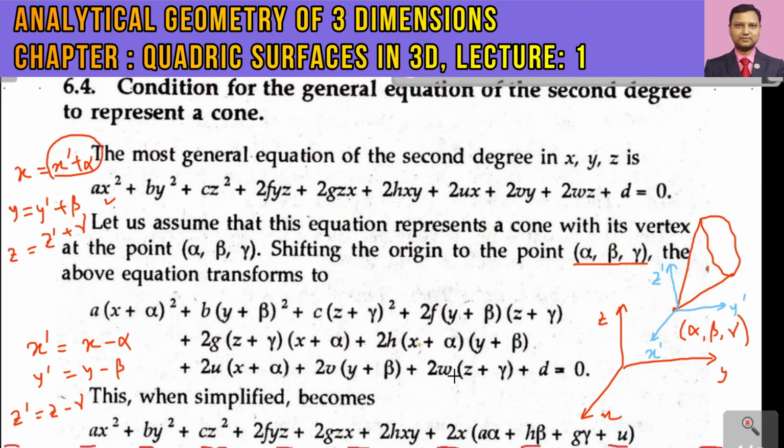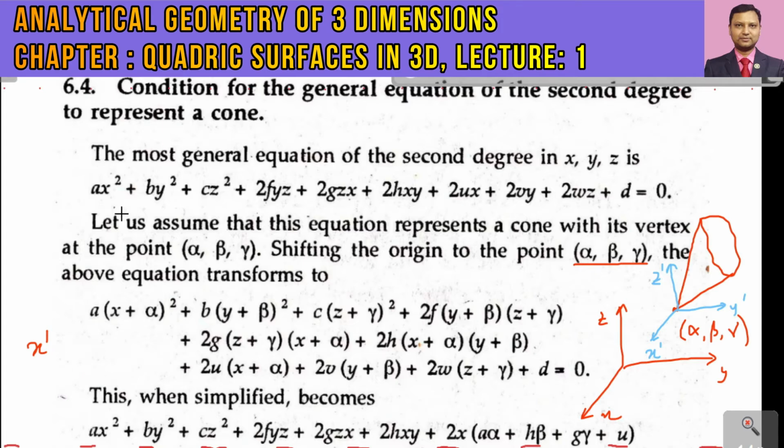Similarly, we can replace y by y plus beta, and z by z plus gamma. In that case, we shall have this type of expression, and this would be an expression in the new coordinate system.